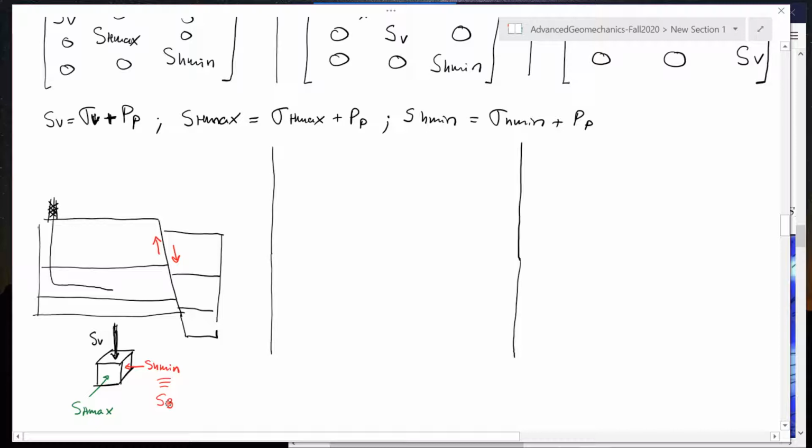So this one will open perpendicular to the direction of SH min, and growing out of the plane would look something like this. Remember, this is growing out of the plane, and it's going to be perpendicular to SH min.